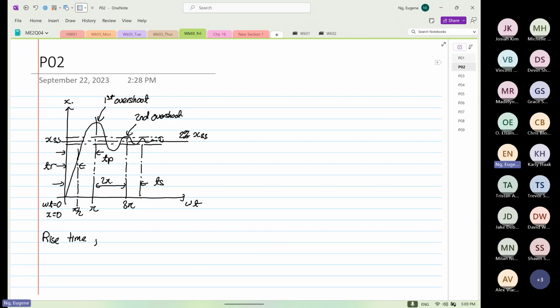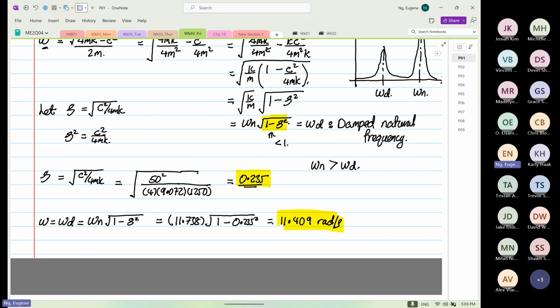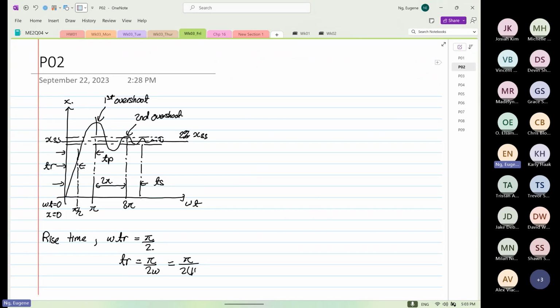So our rise time is omega TR, which is equal to pi over 2. TR is equal to pi over 2 omega, and omega is your damped natural frequency, which is equal to 11.409. You put in 11.409, and then you calculate.